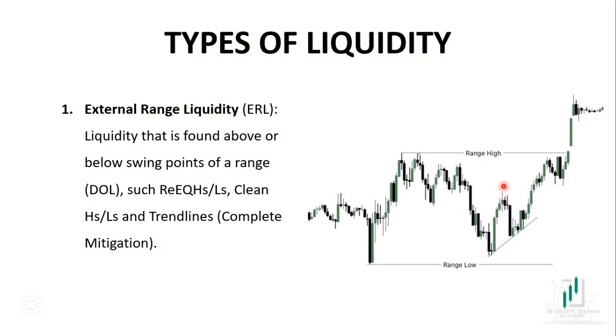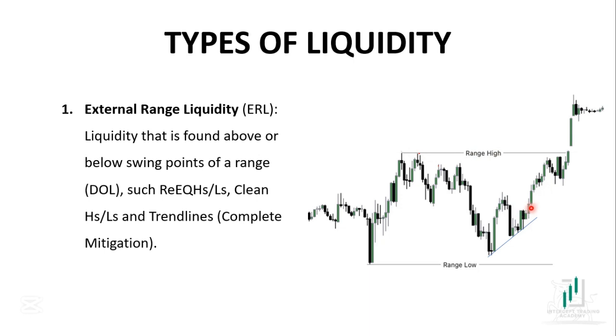Then they execute a sell position to drive price lower to a discount array, in this example a fair value gap, where they execute more buy positions out of that 4 billion initial plan, which will drive price to our determined draw on liquidity, or rather their determined draw on liquidity, because they are essentially the market makers.